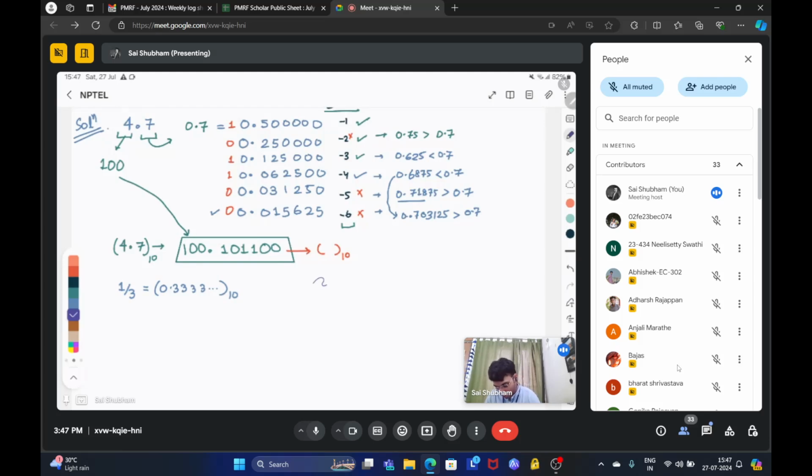Like if you convert 0.7 from decimal to binary, and then convert from binary to decimal, these two values will not be the same. In order to minimize the error, you can increase the number of digits under consideration after the decimal point. So the more digits you have, the closer it will be to your decimal representation. Does that make sense?